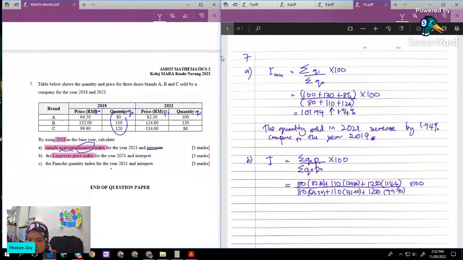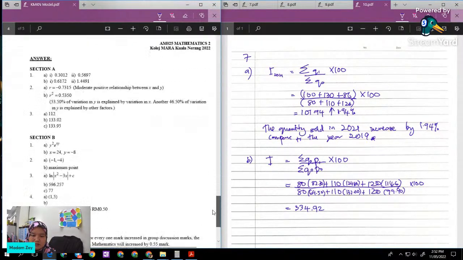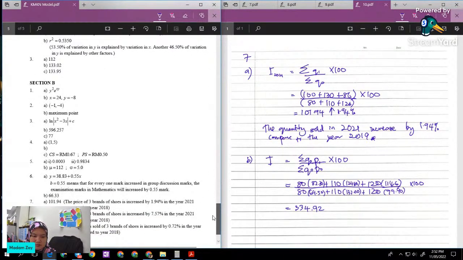Bawah ni 80 darab 64.5, 110 darab 132, 120 darab 99.9, kita dapat 107.57.